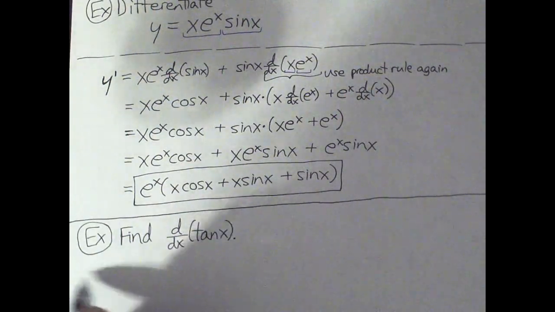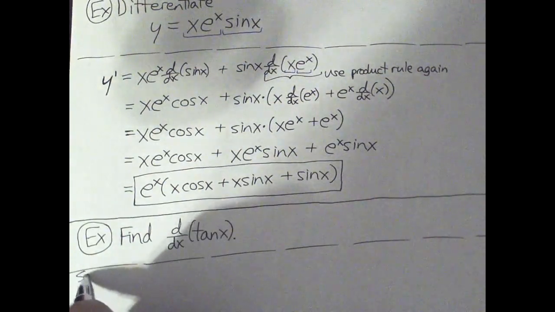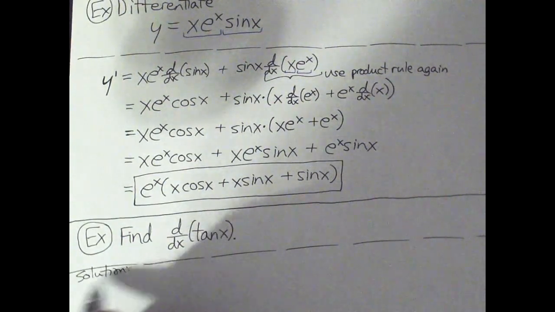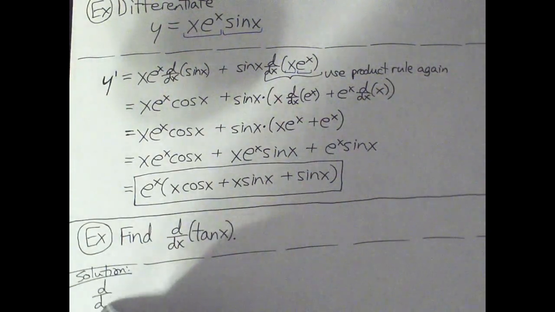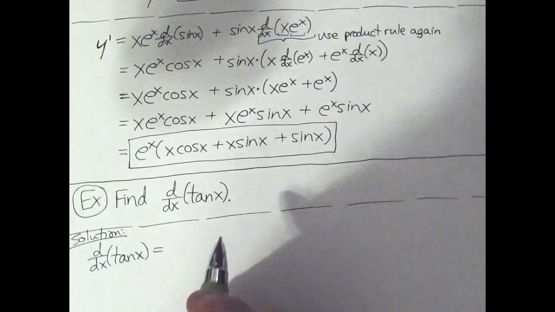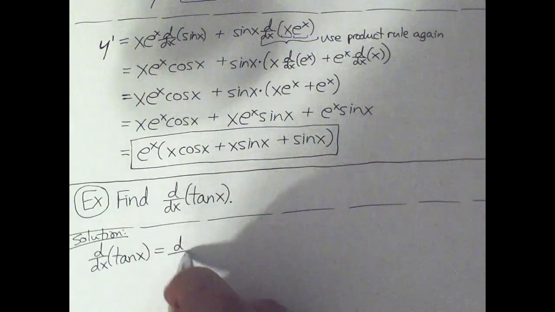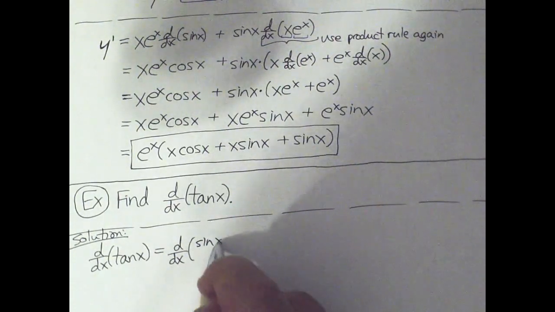So here's what we're going to do. Let me get this started. I'm not going to do much of it for us. I'm just going to get started. What I'd like you to think of is, remember, there's a fundamental trig identity that says tan x can be thought of as sine x over cosine x.